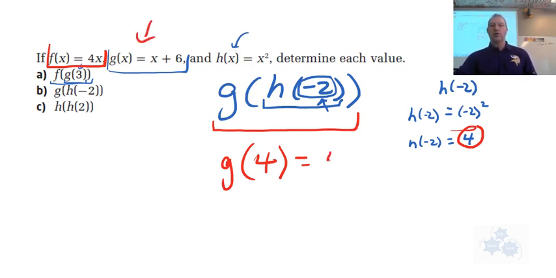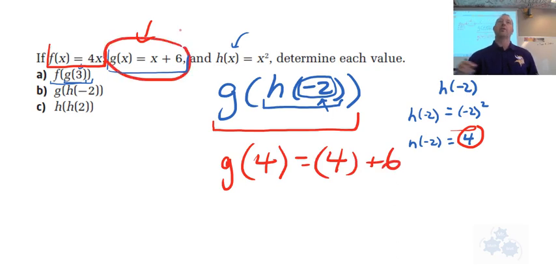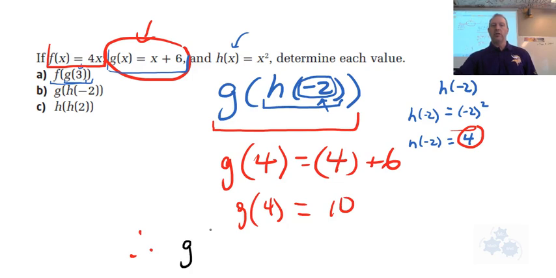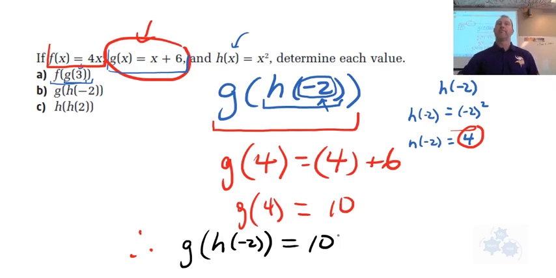That equals 4 plus 6 from here. So g of 4 is 10. Therefore, from our original question, g of h of negative 2 equals 10. Okay?